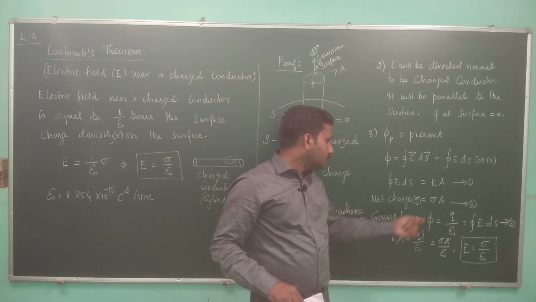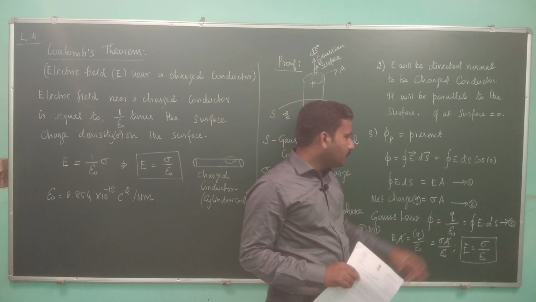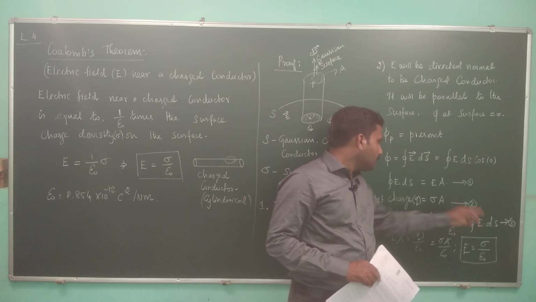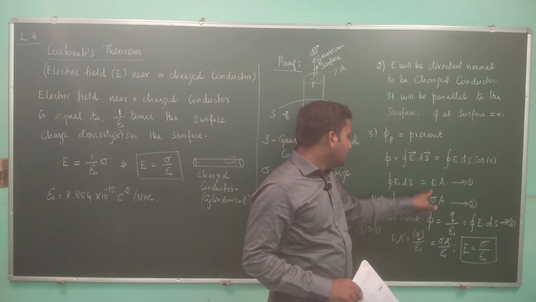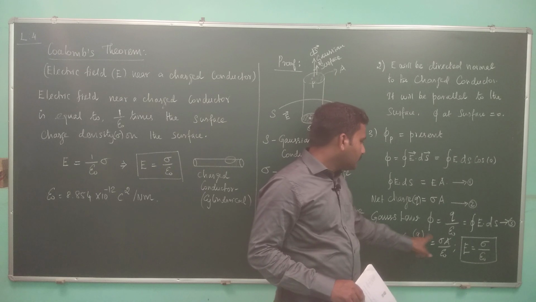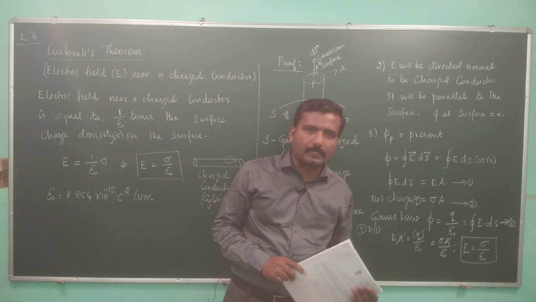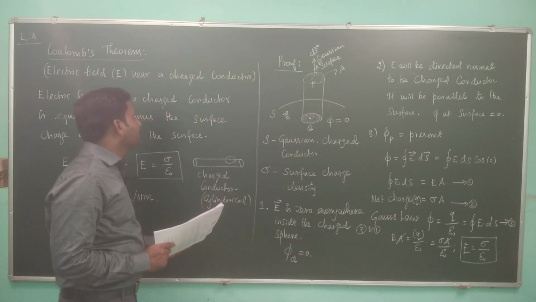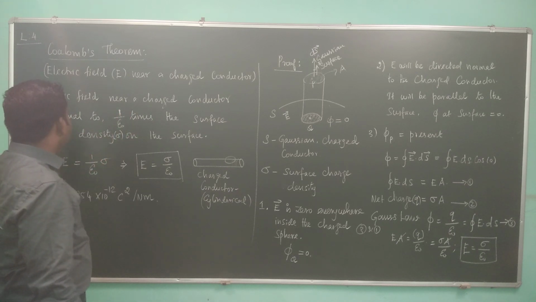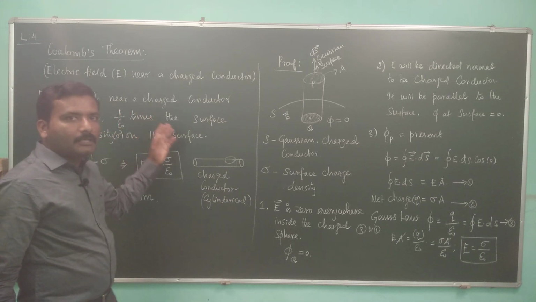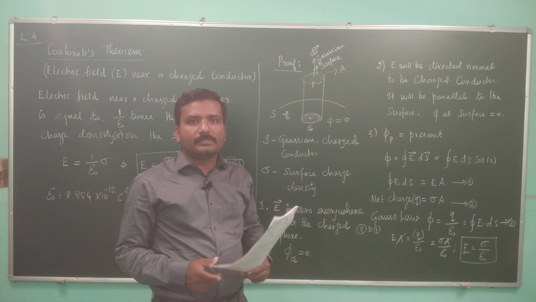Applying Gauss law, we can write phi equal to the closed integral of E dot ds, which is equal to q by epsilon, and substituting EA in place of the integral of E dot ds and sigma A for q gives us E equal to sigma by epsilon naught. Hence, according to Coulomb's theorem, the electric field near a charged conductor is equal to 1 by epsilon naught times the surface charge density on the surface.